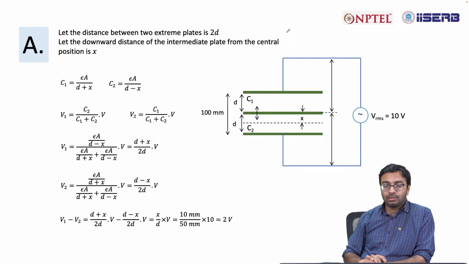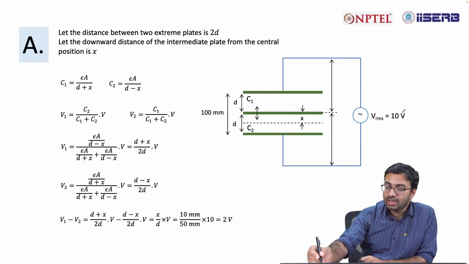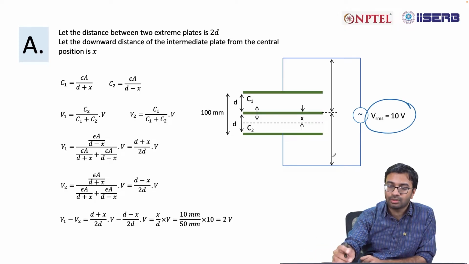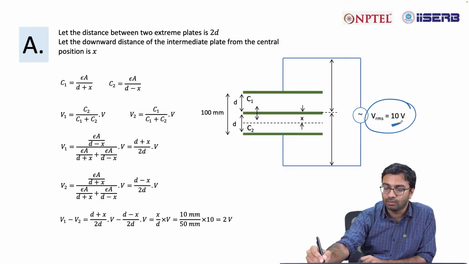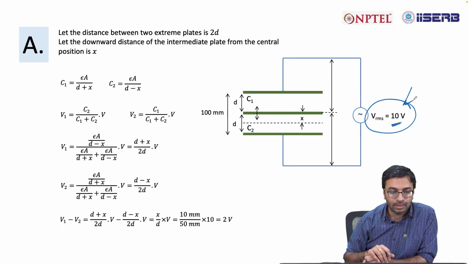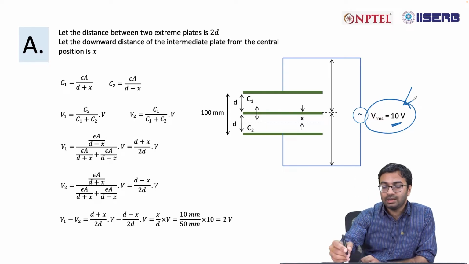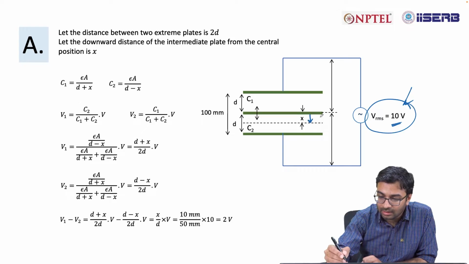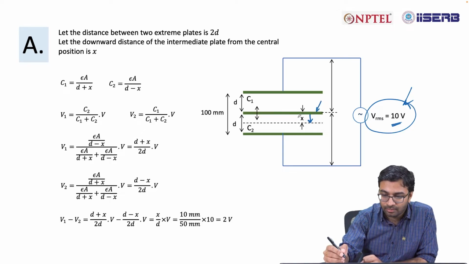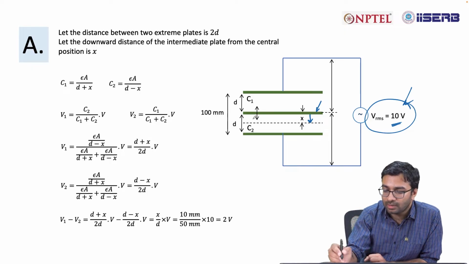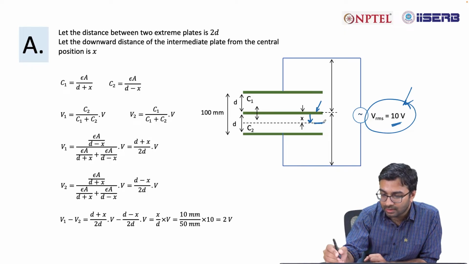Now, the voltage applied across this sensing arrangement is 10 volt as it is shown over here. So, let us consider that the deflection of this intermediate plate is x. Say the new position of the intermediate plate is here.